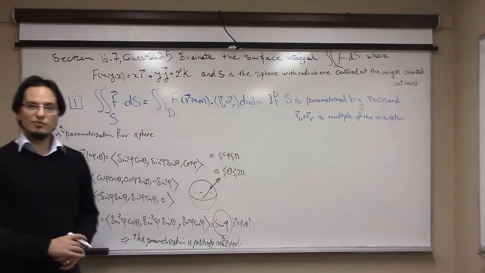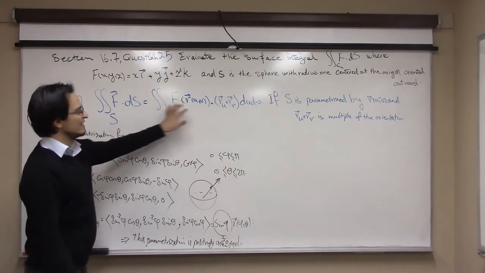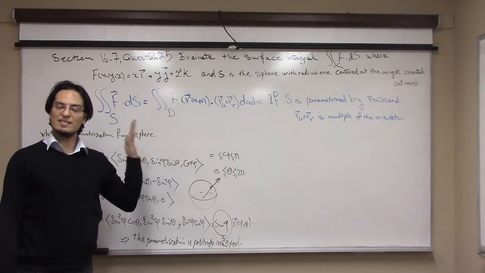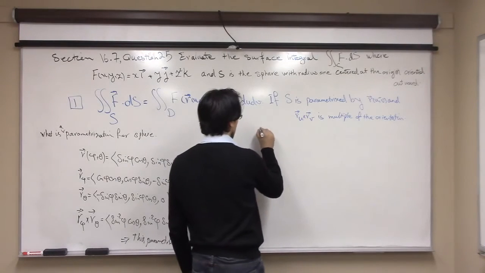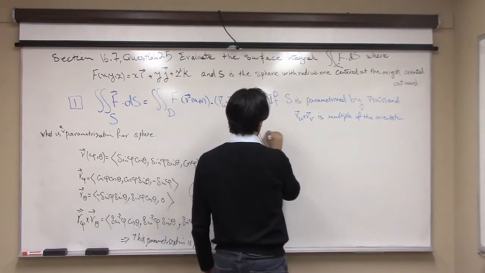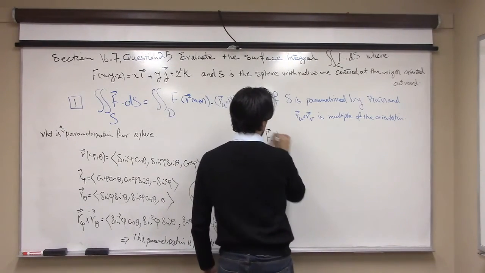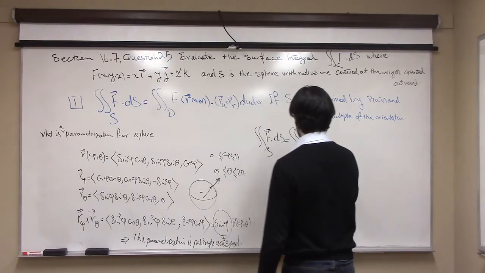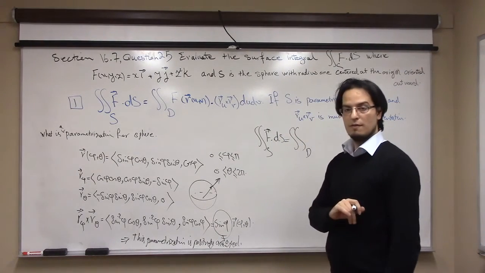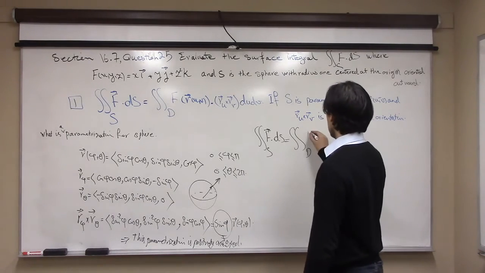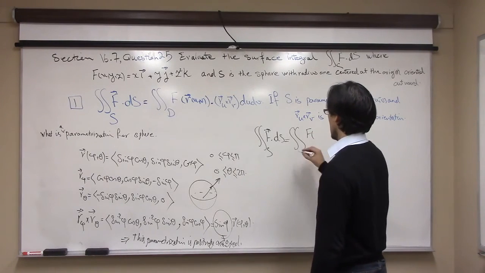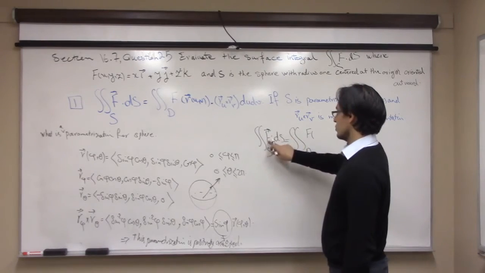Since it is positively oriented, I can use this and change my surface integral to a double integral. So let's do that. The integral of F dot dS is equal to, changing my parameters to phi and theta, then plugging r(phi, theta) into the vector field.